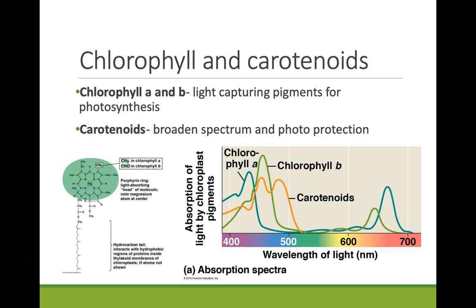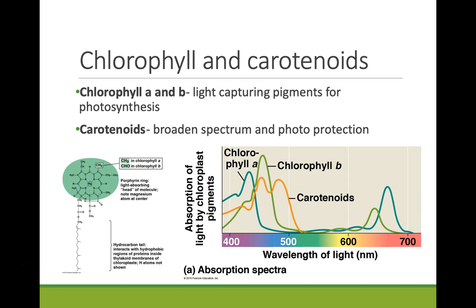Chlorophyll A and B are the light capturing pigments. So they're the molecules that are absorbing those wavelengths of light in the visible spectrum. Carotenoids are important because they sort of broaden the spectrum of visible light. Chlorophyll A and B can't absorb all of the range of light, and so carotenoids sort of expand the range of energy that a plant can take in.